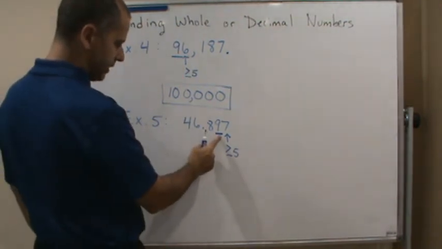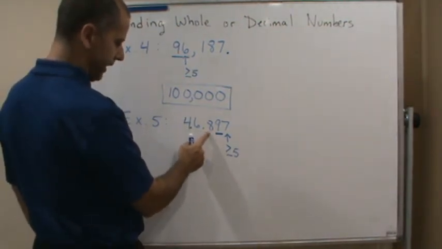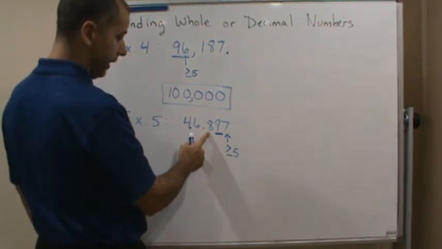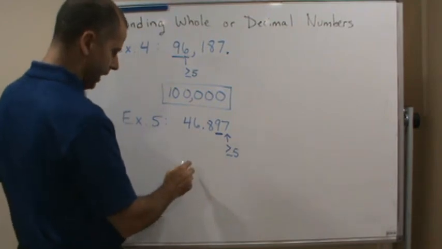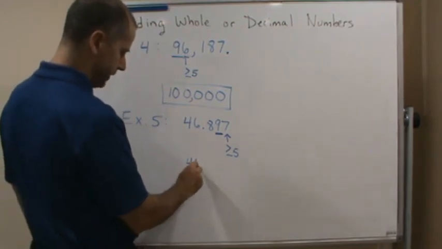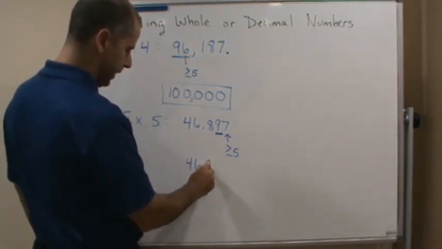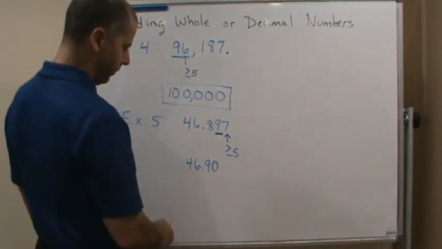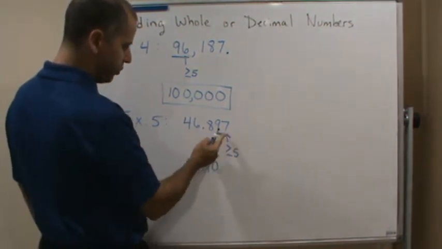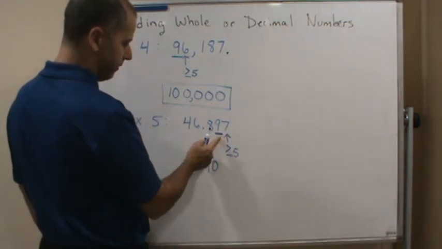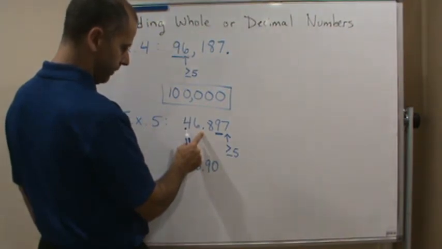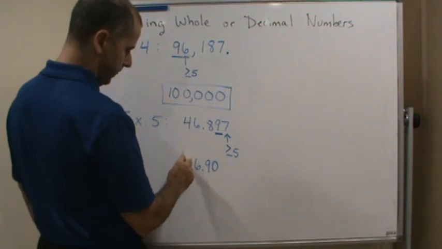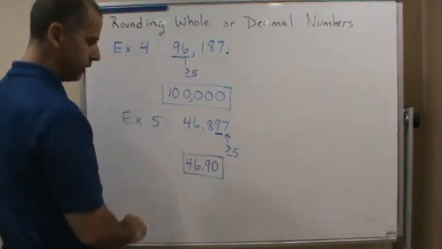This is going to become 0 because we then add 1 to the 8 as well because of the place value. So this is going to become 46.90, and everything to the right of the 9 is dropped because it's already to the right of the decimal point.